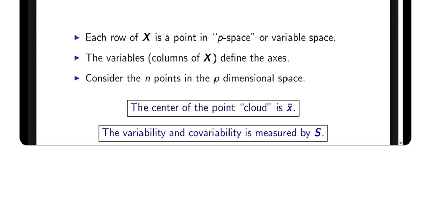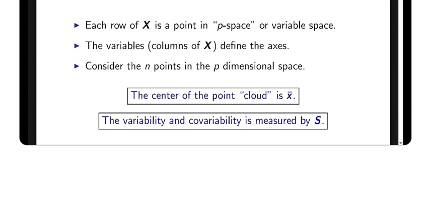So you've heard about the assumptions now, and since you've heard about them, let's go into variable space. What do I have in a variable space? We have observations forming a cloud of data. Each observation is seen as a vector in p-dimensional space. That's what happens in the variable space.